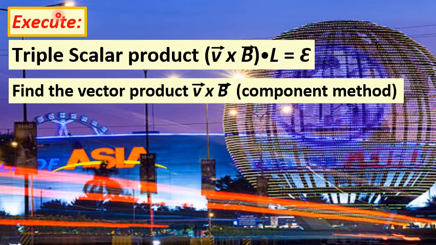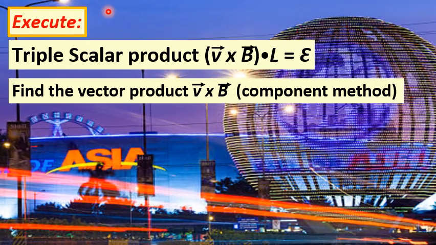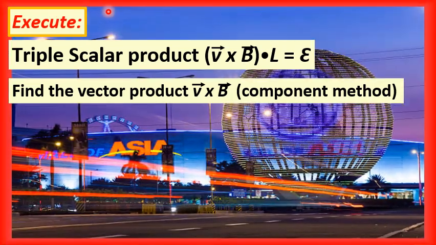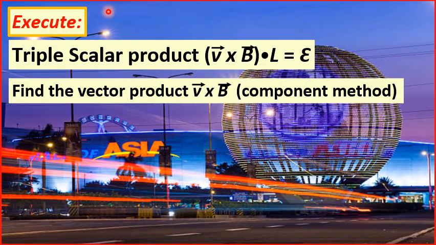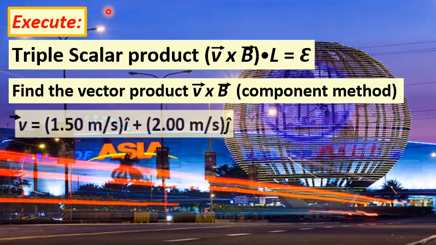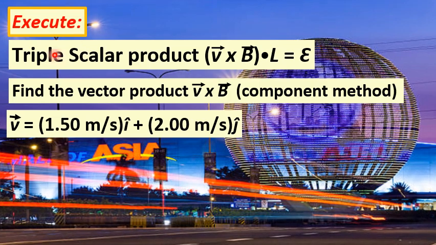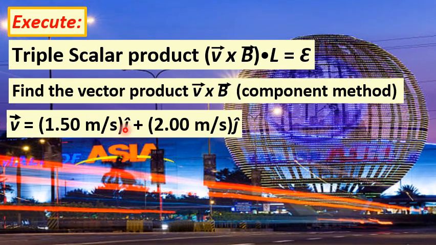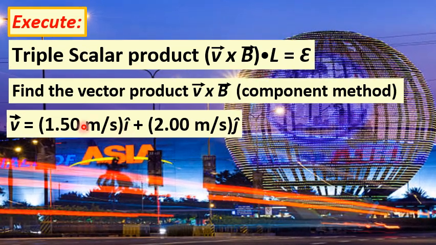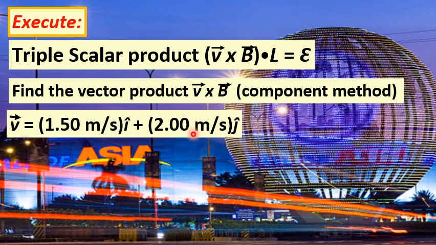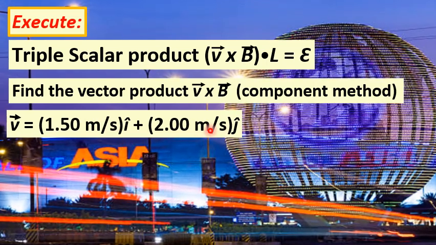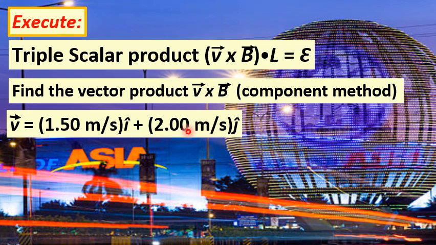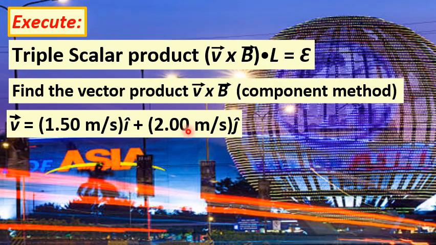And using the component method of vector multiplication, we have the given velocity vector v, given in this equation where the x and the y components are used.